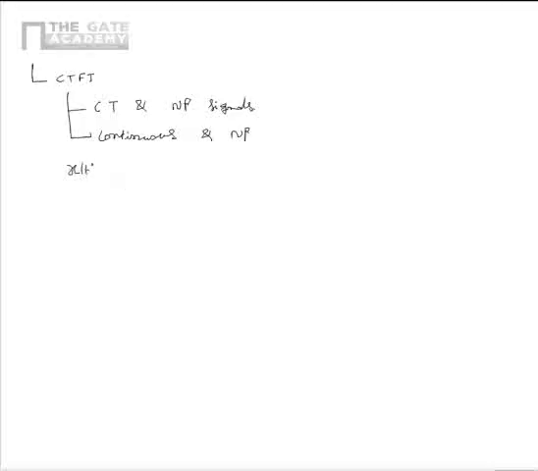Suppose there is a signal x of t which is non-periodic. Its frequency domain representation is given as x of j omega, where x of j omega is equal to integral minus infinity to plus infinity x of t multiplied by e power minus j omega t dt. This is the analysis equation.